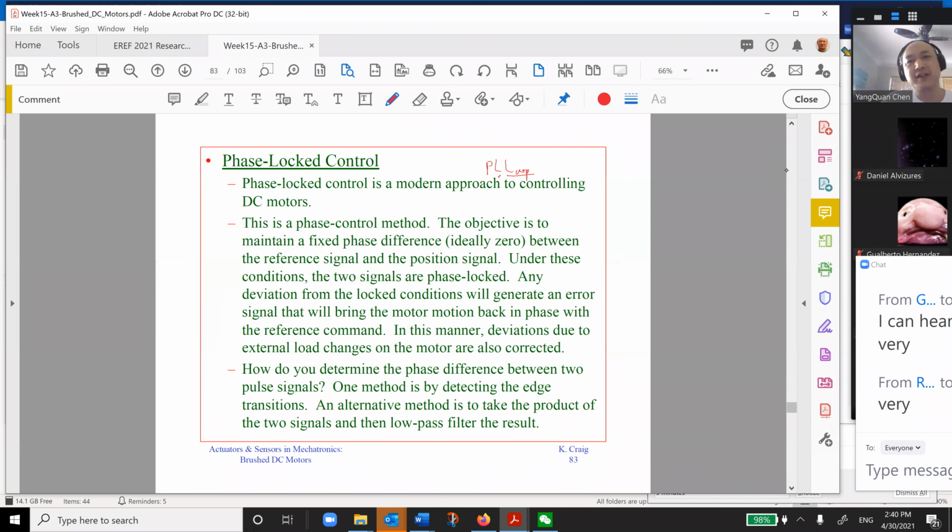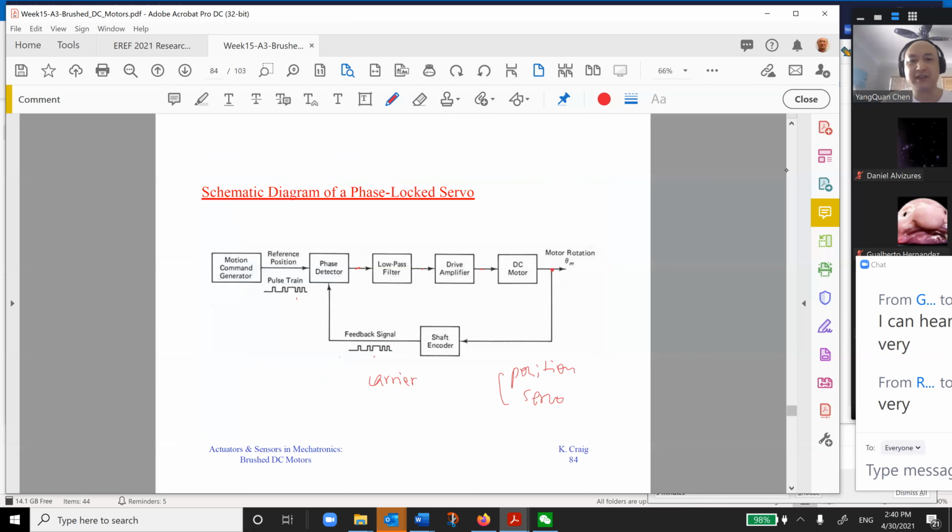There's also another way, called PLL, the phase locked loop. Using that one to do this digital control. Basically you have an encoder and you have a command. We want to make sure you synchronize with this shaft encoder, synchronize with this reference pulse train.